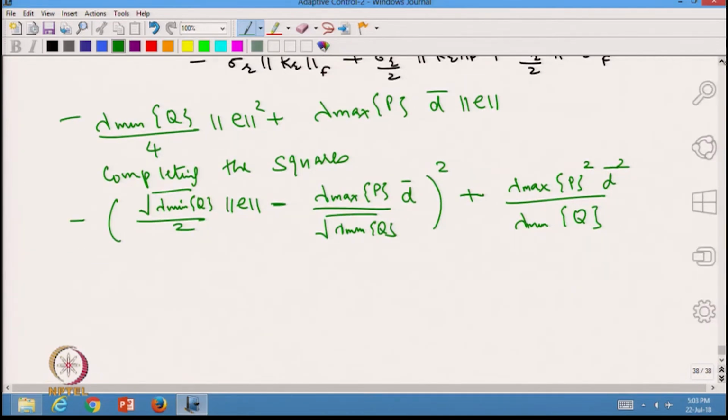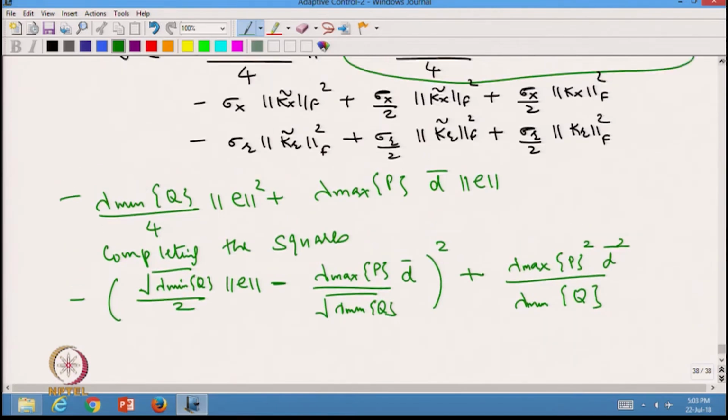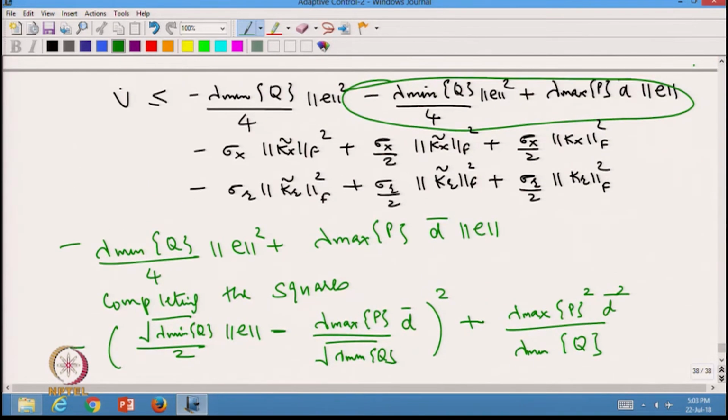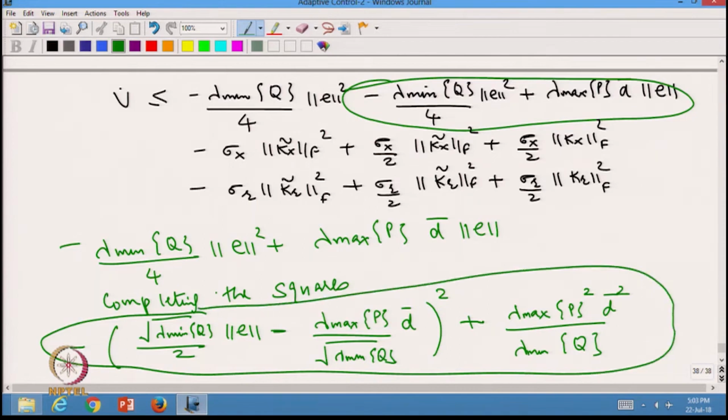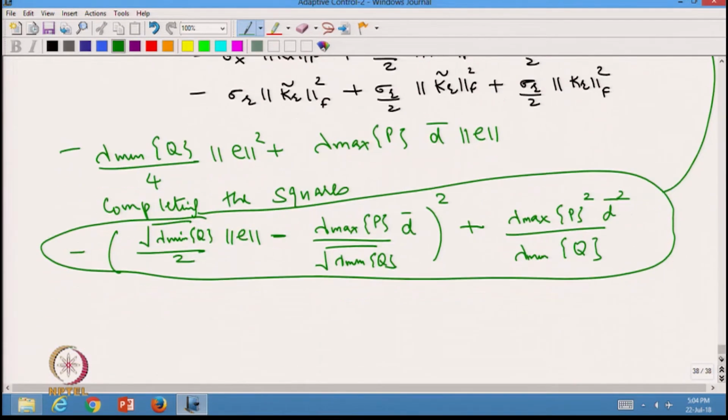If we substitute for this in the expression above, we just replace this whole expression instead of this. Then we can throw out this negative term, and what that will do is further upper bound V dot. So we can further upper bound V dot by throwing away this negative term.